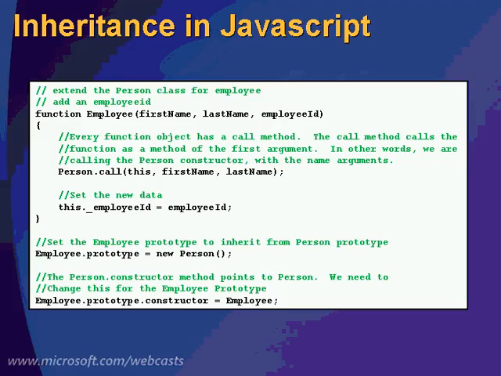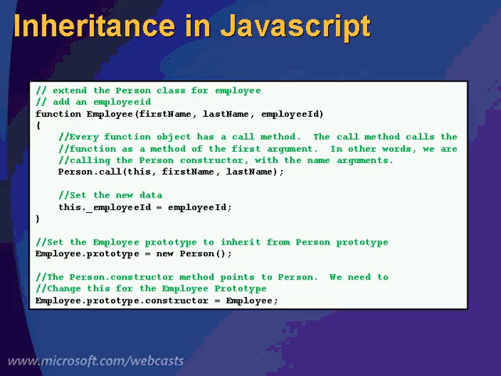And then, because this person prototype's constructor is going to be pointing back at the person constructor, we're going to reset our new employee's prototype's constructor to point back at the employee. You don't really need to follow that too much. What you need to know is that it's relatively complex and relatively painful for you to work with. It's probably valuable for you to understand it.